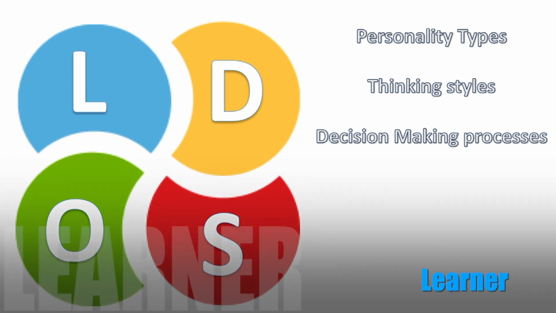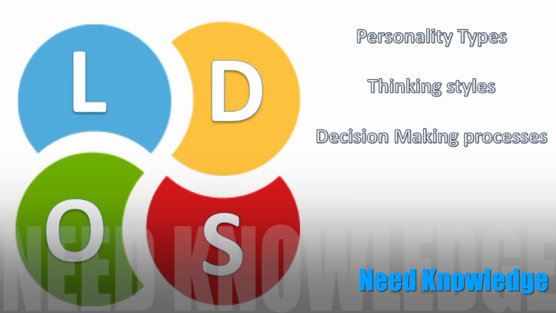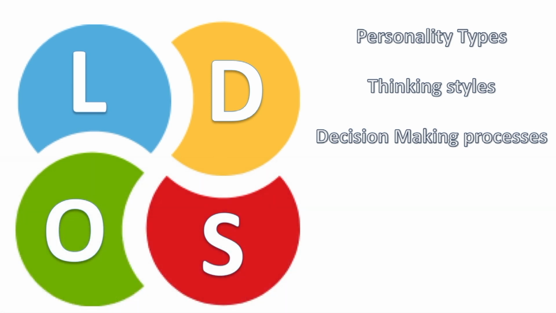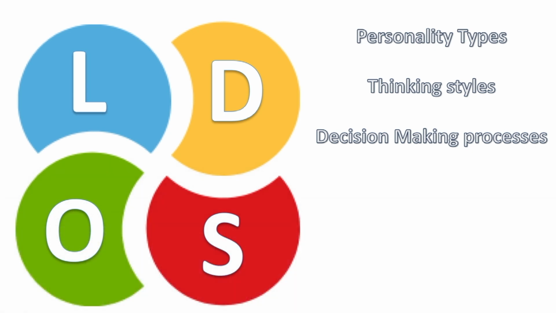Then the learner's thinking style is one of deep introspection, one of needing to know a whole lot of knowledge. They're very slow to make decisions, but very, very thorough. When they're examining something, they turn a coin over 100 times in their hand before they'll spend money.